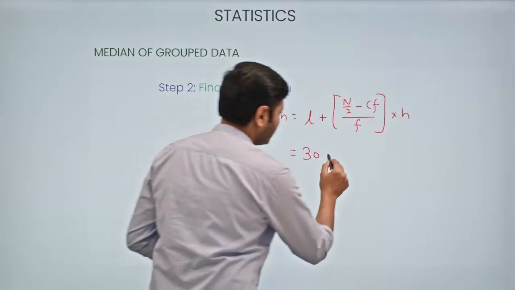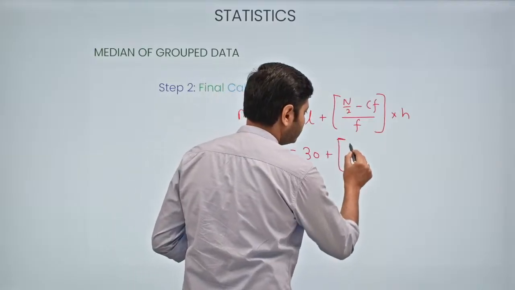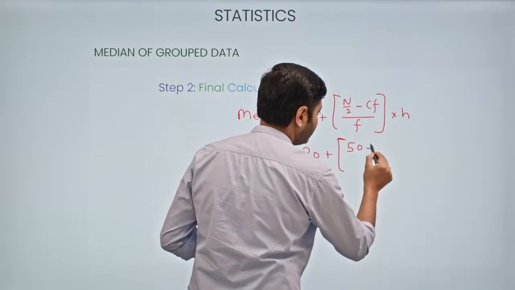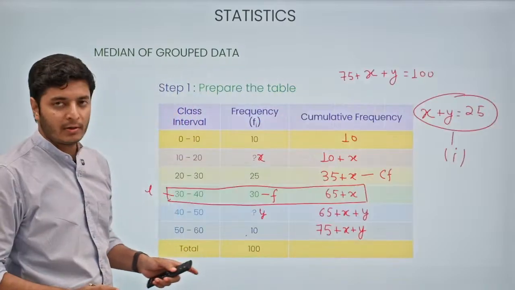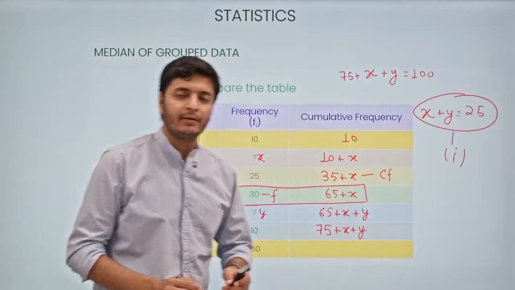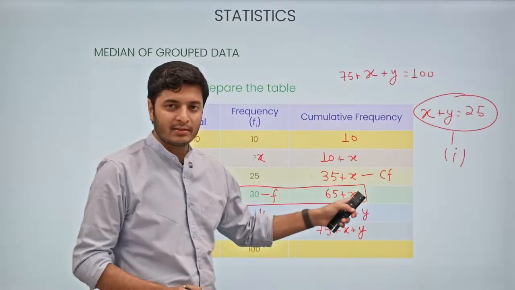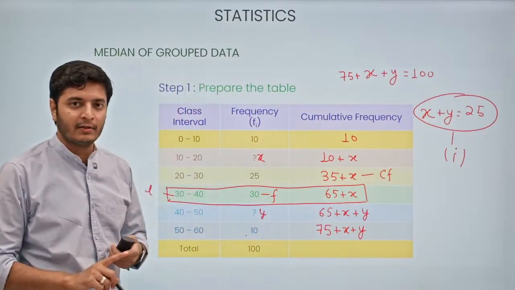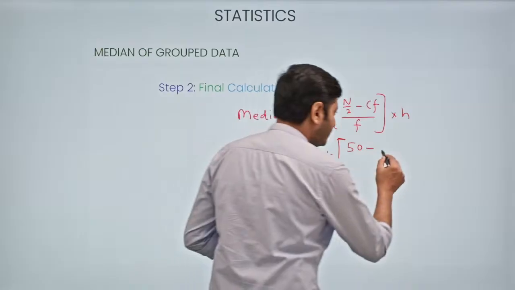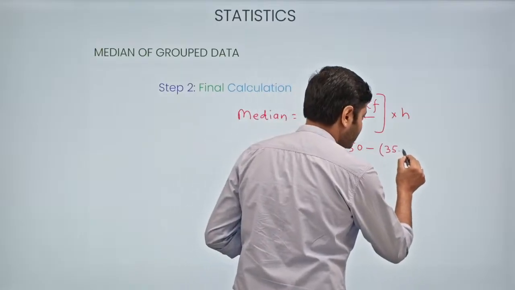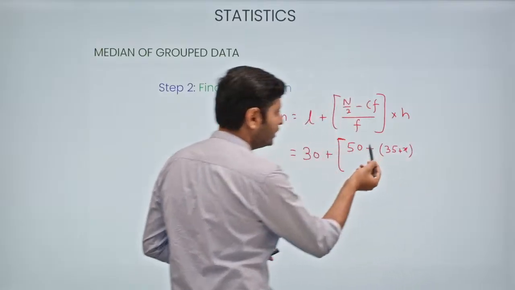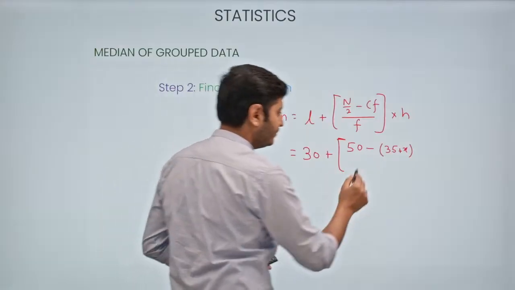Then n by 2 is 100 by 2, which means 50, minus Cf. This is important because Cf is in terms of 35 plus X. It means there is one algebraic value X, no? So I'm going to write this only, 35 plus X. In brackets, why am I doing this? Because here we have a negative sign, no?